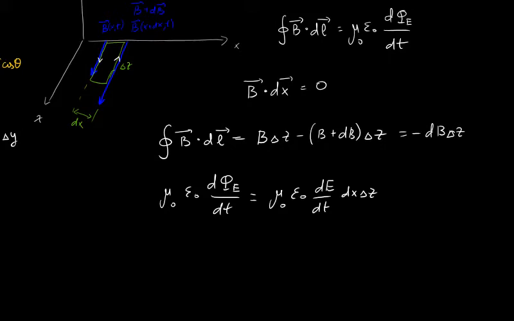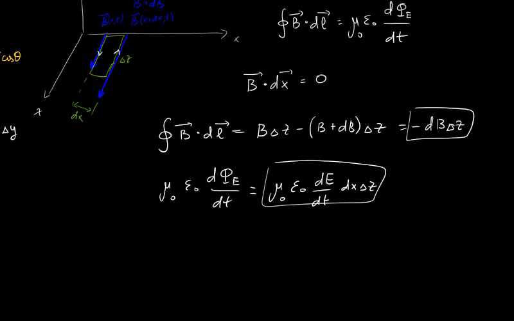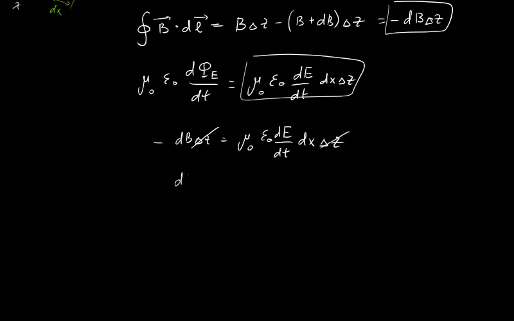Now, if we plug our values into the original equation, equating these two expressions, we will get negative dB delta z equals mu naught epsilon naught dE dt dx delta z. So the delta z's will cancel out.